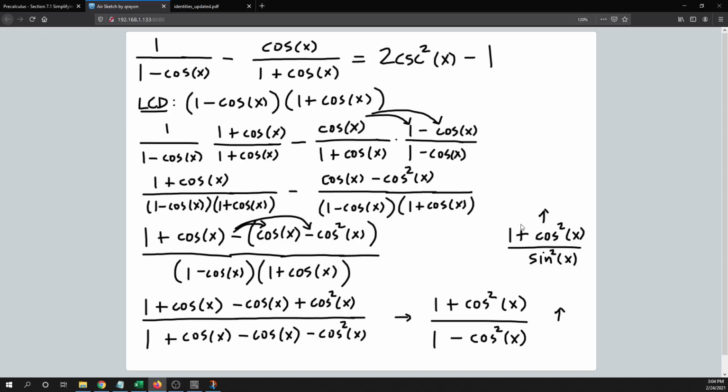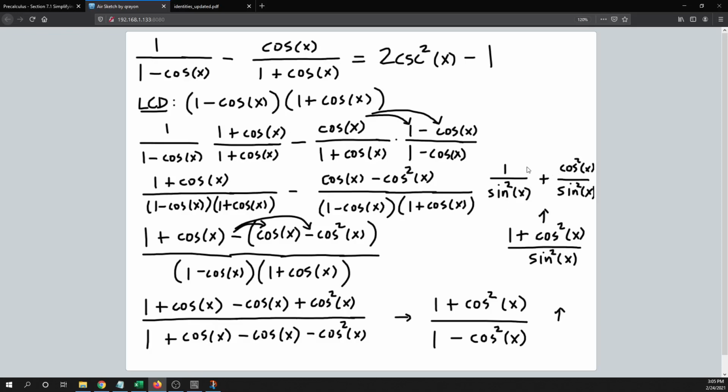Doing all that work got us down to this thing, which is much simpler than what we started with, but it's still not here. Remember, this is where we want to go. So what we can do is split this up. And when we do that, we'll get 1 over sine squared plus cosine squared over sine squared, like so.